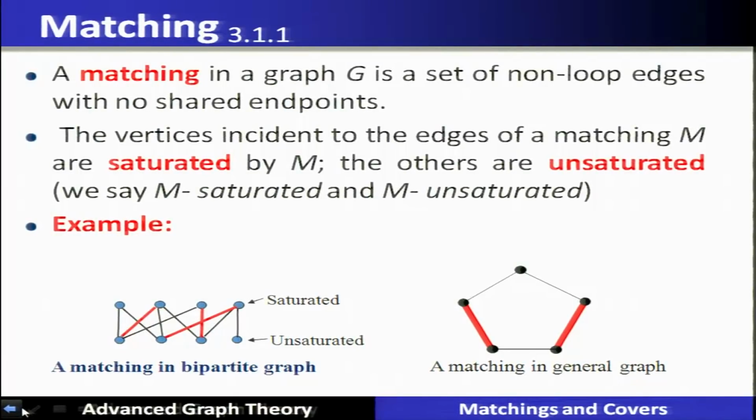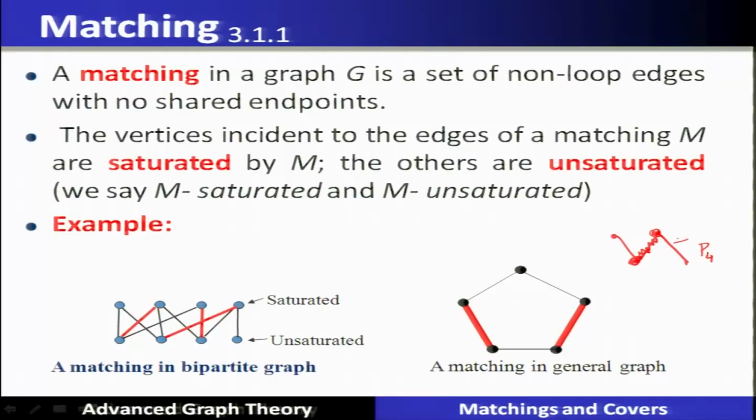So if a graph is given like this, this particular graph is called P4, having 4 vertices. One possibility of a matching is this particular edge, which touches these 2 vertices.